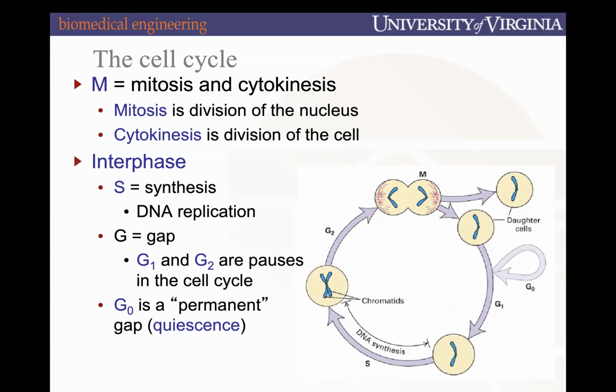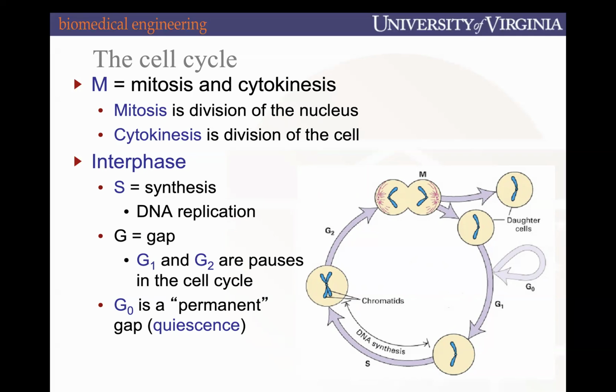We talked about that during the actin cytoskeleton lecture, where we talked about how we have our tubulin that connects to the MTOC and the centromere of our chromosomes that begin to pull them apart. And so in the M phase, that's what's happening in mitosis.